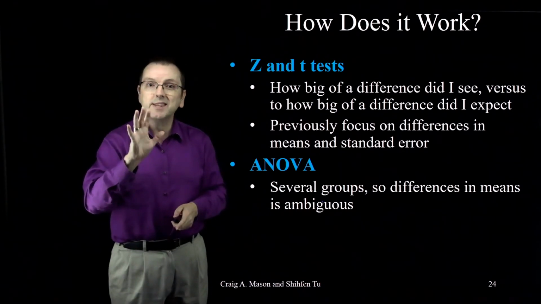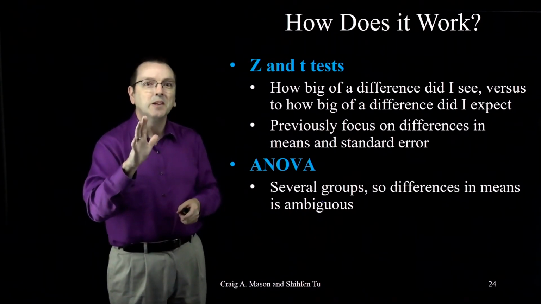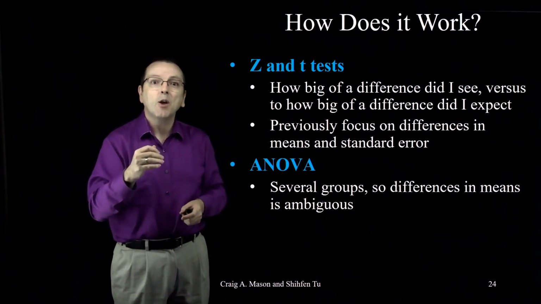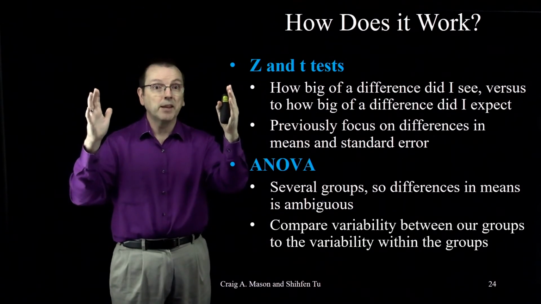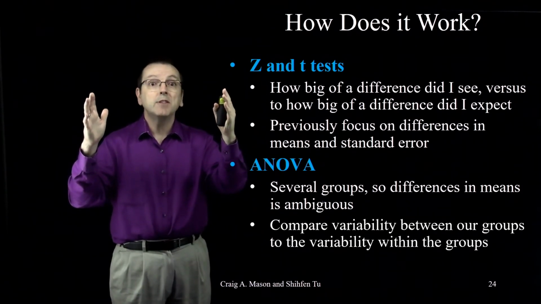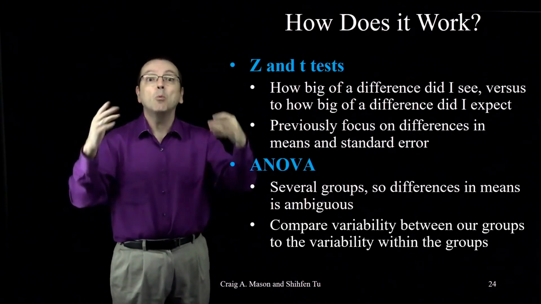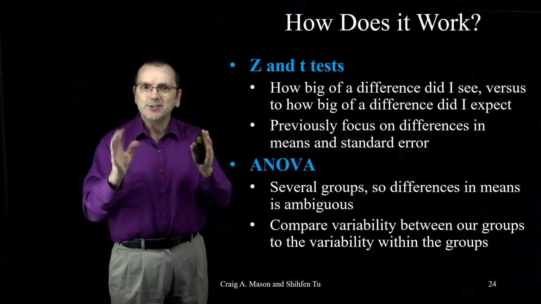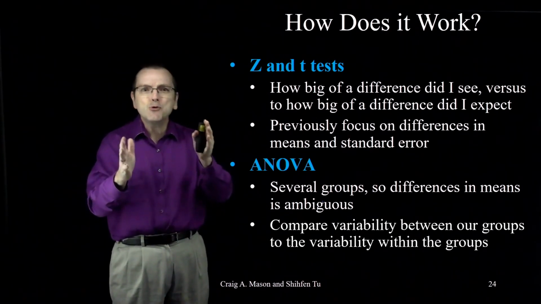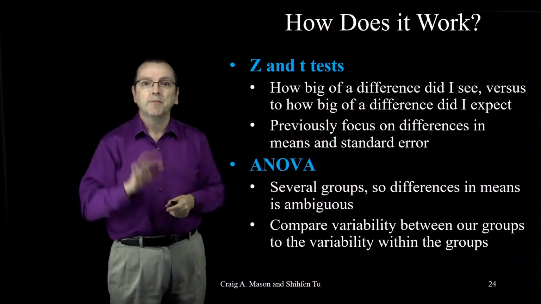ANOVA approaches this same general idea, but does it by examining what we'll see is the variance between our group means relative to the variance we expect to see, which is the variance within our groups. Same idea, just different tools because we have more than two groups.